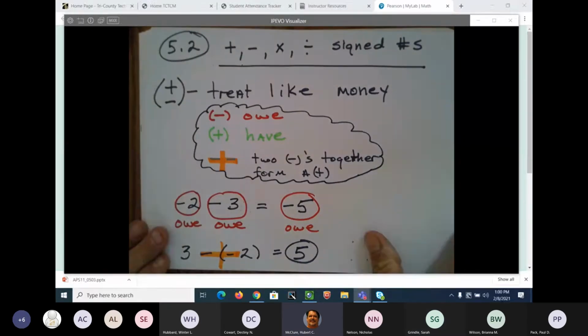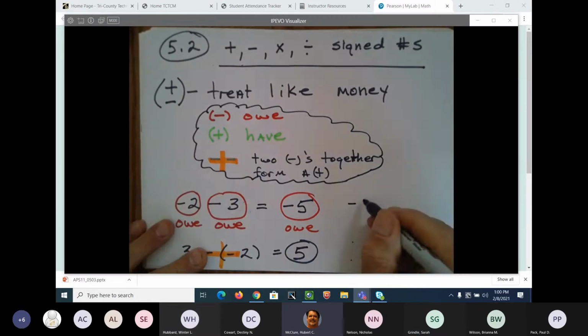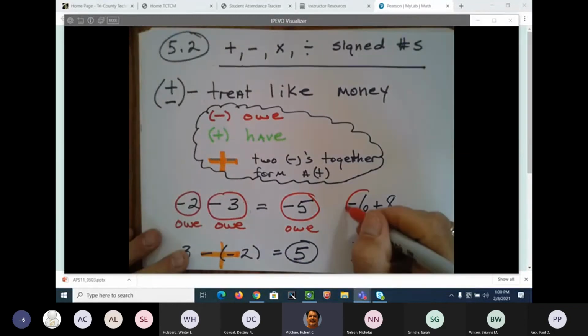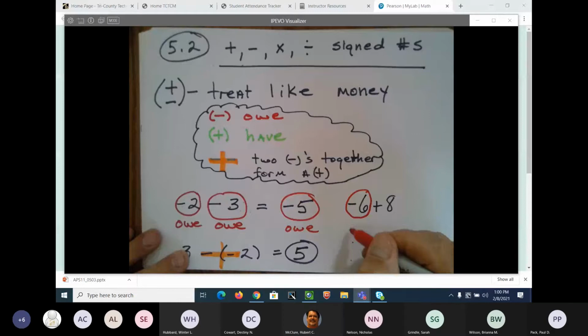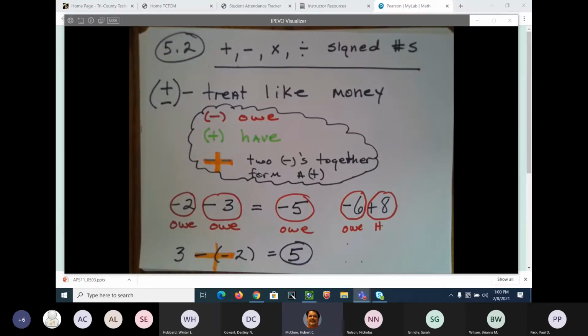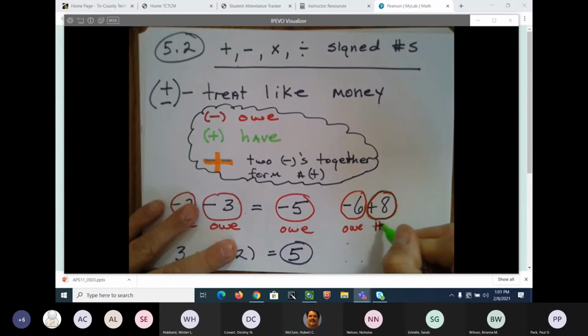Let's try another one. -6 plus 8. Well, you owe $6. You have, oops, I used the wrong color. I suck. Well, the way my day's going, ugh. You have $8.